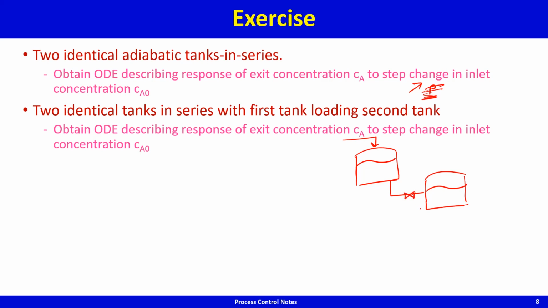So the flow into the second tank, let me call this flow f1, is equal to some constant k times, if this is h1 and this is h2, then f1 is equal to k times h1 minus h2. This is what I mean by loading, and I want you to obtain the ordinary differential equation describing the response of the flow out from the second tank in response to a change in the inlet flow F0. So do these two problems.